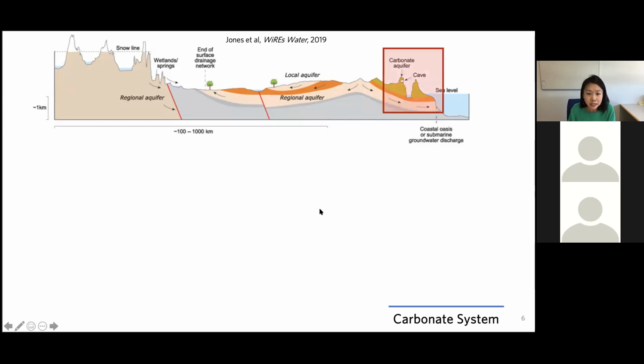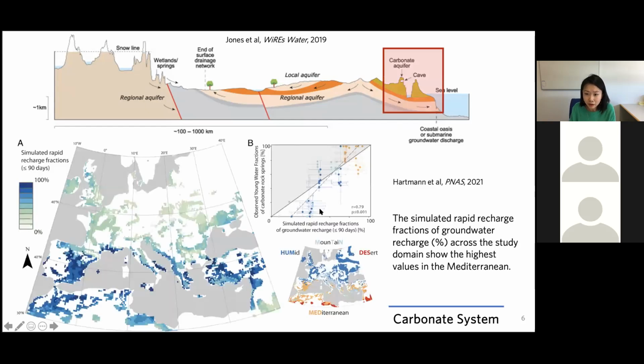In a recent study by Hartmann et al., they quantified the rapid transport of pollutants by fast flow into the carbonate groundwater system in Europe, North America, and the Middle East.